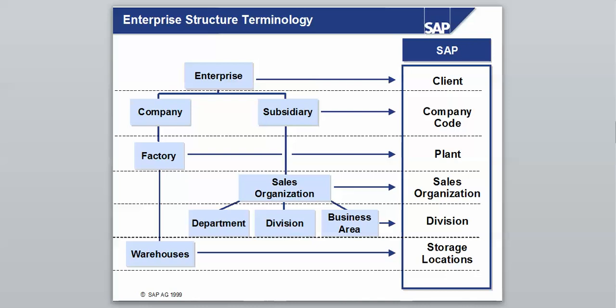Sales organization is nothing but the different working divisions, or mostly it would be a combination of department, division, and the business unit. Then comes the warehouse, the storage location, where the goods are kept and then probably shipped to different locations. This was just for your understanding, because when I'm talking about order to cash cycle, these are the terms that are mainly used multiple times, and having this kind of pre-structure in your mind will make your thought process clear.